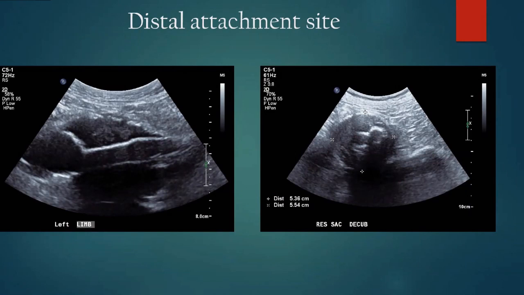We are going to also take the distal attachment site. And here on the left, we have the left limb distal attachment site. And in transverse, this patient we've changed positions into decubitus so we can see the limbs in transverse as well.